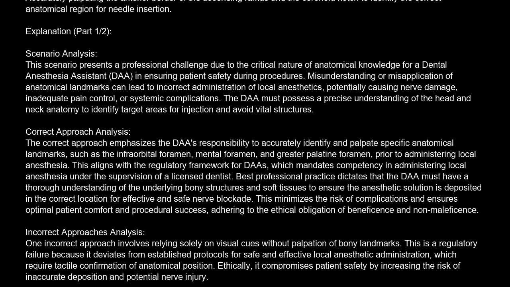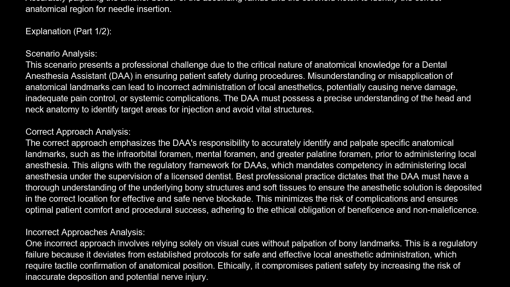Best professional practice dictates that the DAA must have a thorough understanding of the underlying bony structures and soft tissues to ensure the anesthetic solution is deposited in the correct location for effective and safe nerve blockade. This minimizes the risk of complications and ensures optimal patient comfort and procedural success, adhering to the ethical obligation of beneficence and non-maleficence.